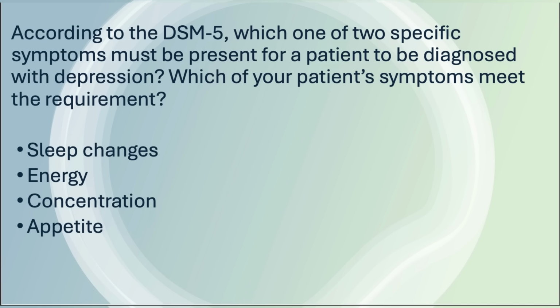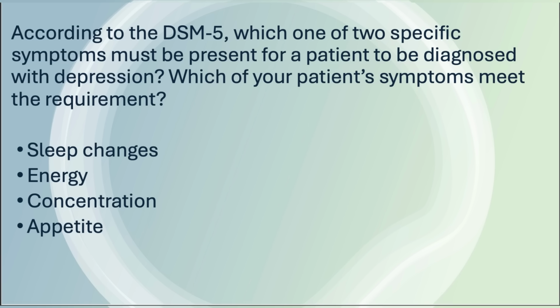Know that word, you'll see it multiple times. So to meet DSM-5 criteria for major depressive disorder, the patient must have 5 or more symptoms from the SIGECAPS list during the same 2-week period, representing a change from previous function. I'll say that again.